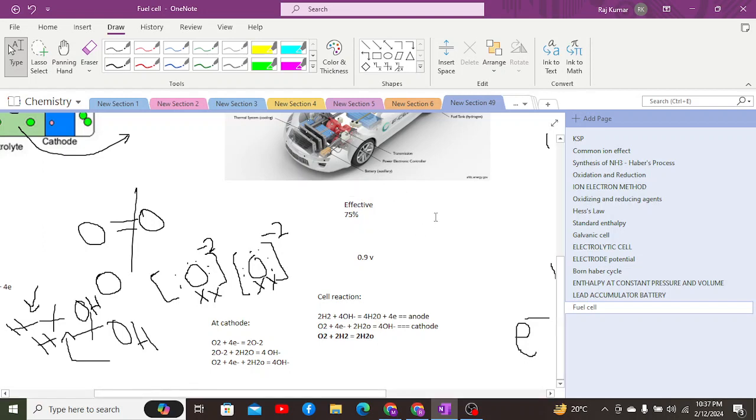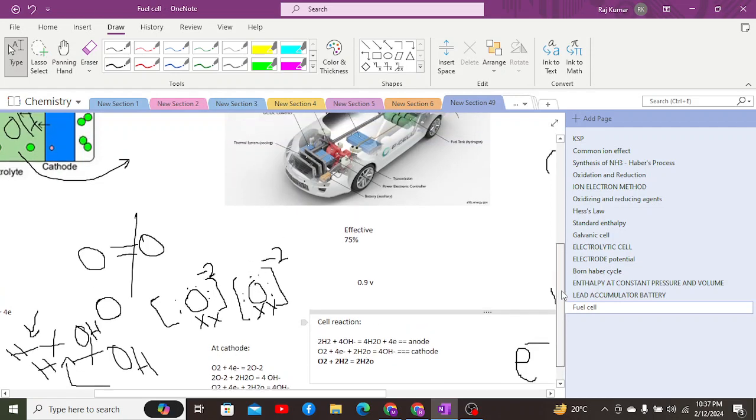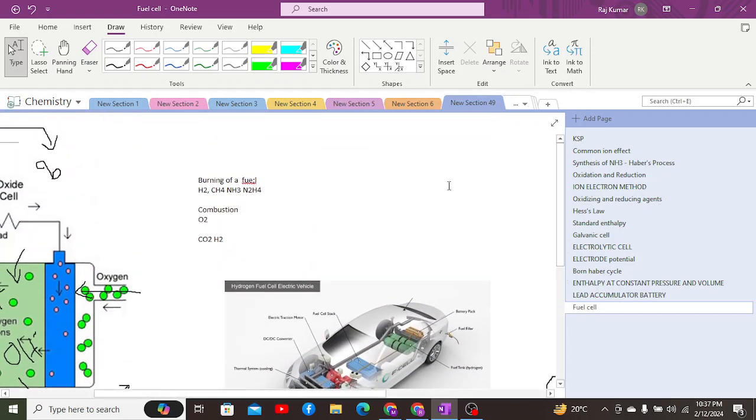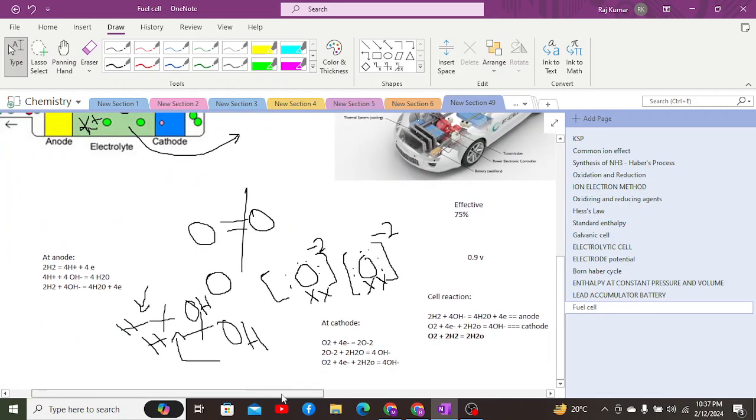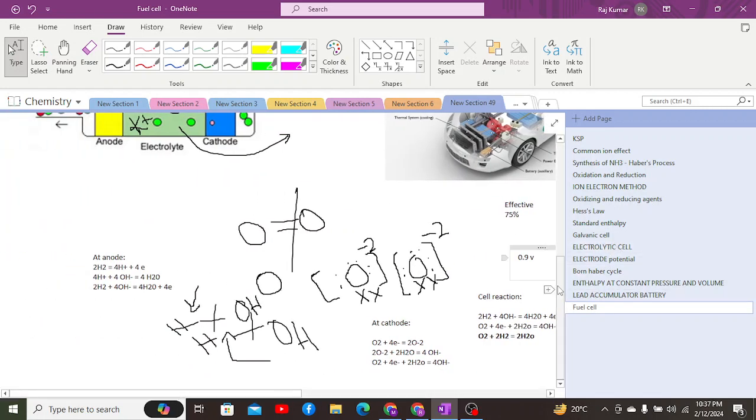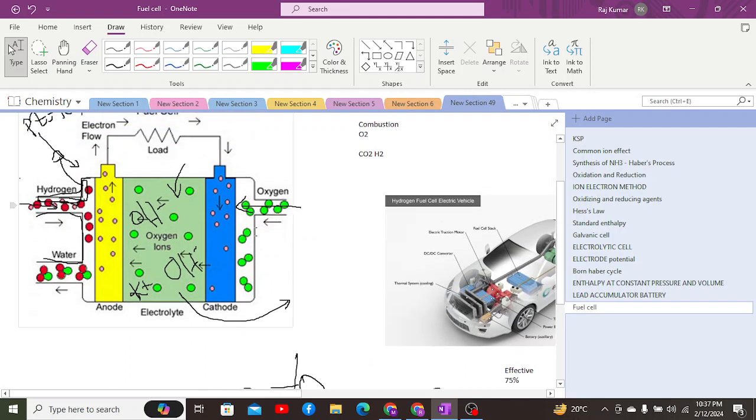Moreover, it does not cause any environmental pollution, because there's only a combination of hydrogen and oxygen, so no pollutants are released. This process can continue as long as oxygen and hydrogen gases are supplied, and also there is no need to replace the electrolyte within it.